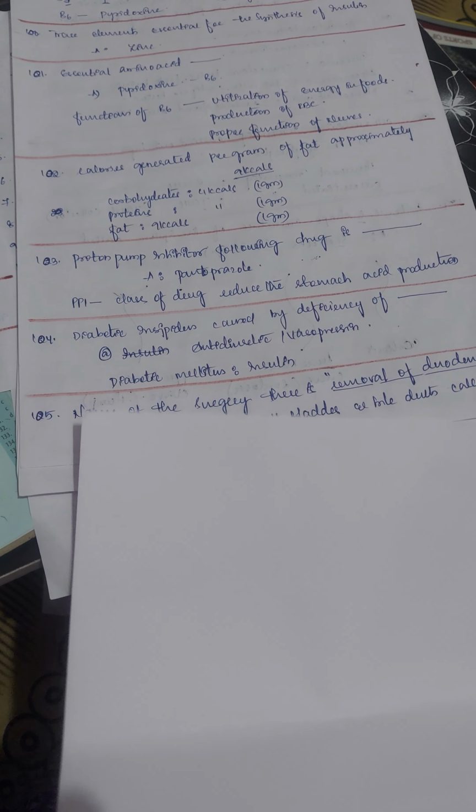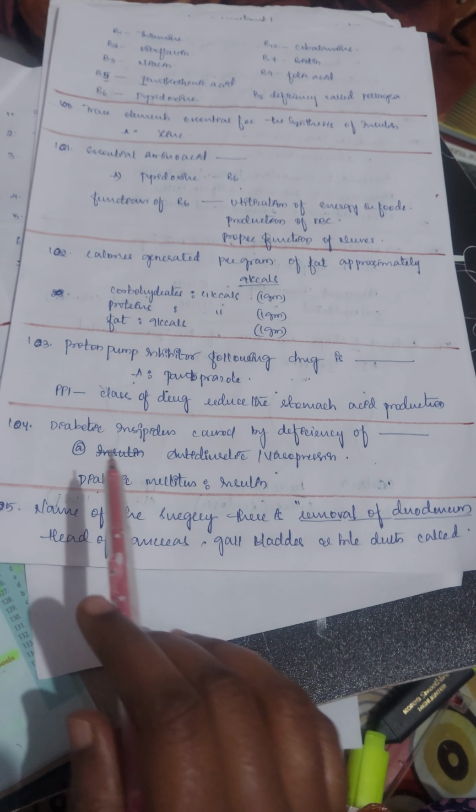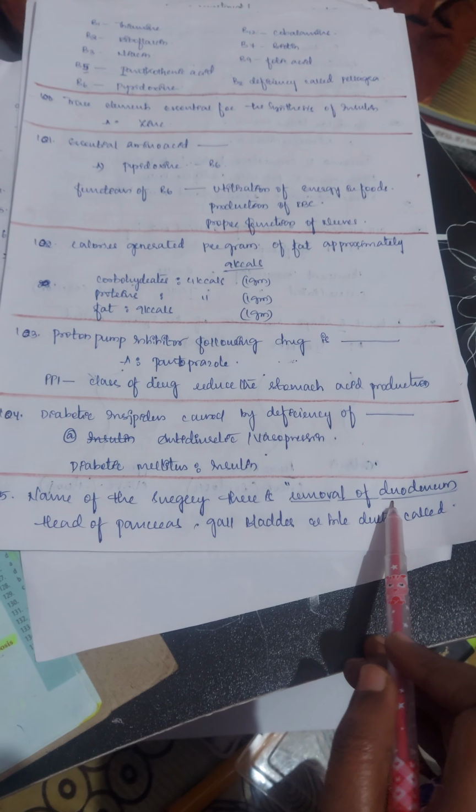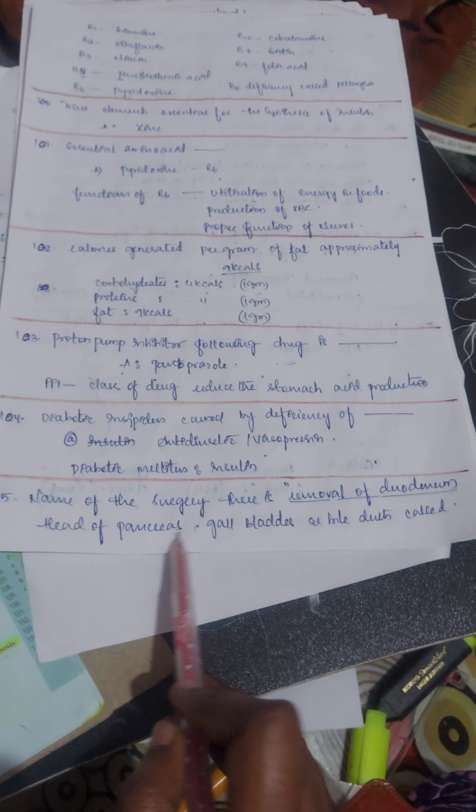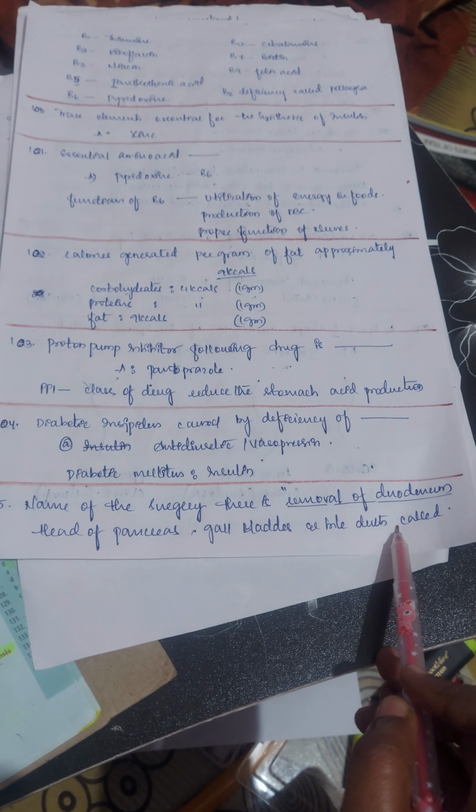Okay, the next question: diabetes insipidus is caused by deficiency of which hormone? Insulin, ADH, glucagon, or renin? And the answer is antidiuretic hormone, or vasopressin. Okay, and here you can see the name of a surgery: removal of the duodenum, head of the pancreas, gallbladder and bile ducts.